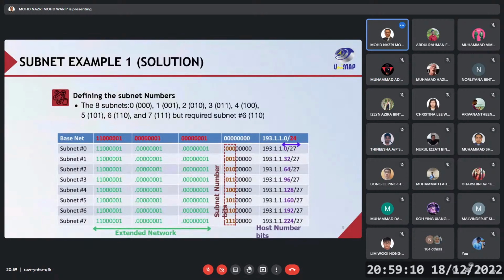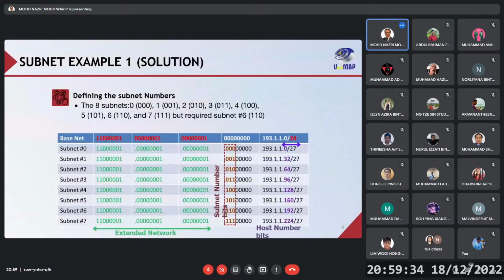Where do we get 64? From the last 8 bits. So how do we get 32? 00100000 we get 32. 01000000 we get 64, and so on.